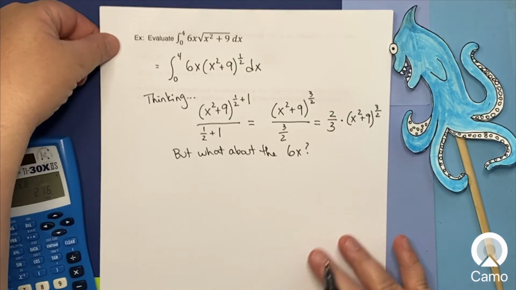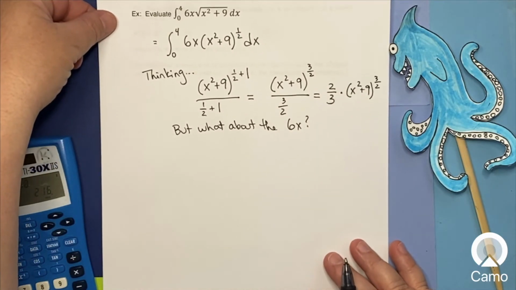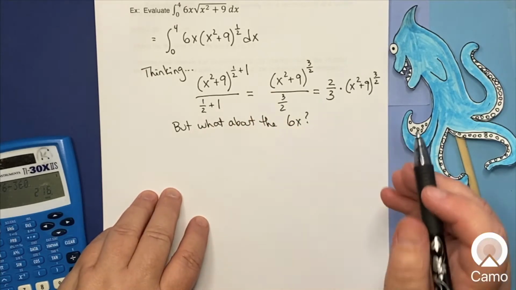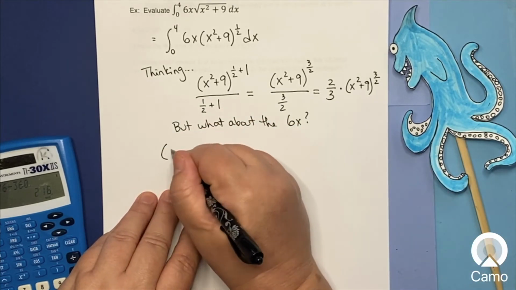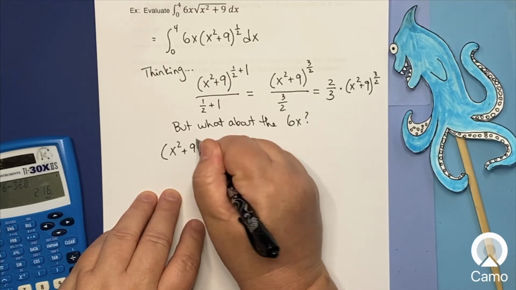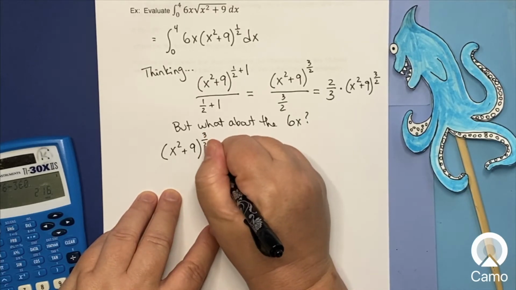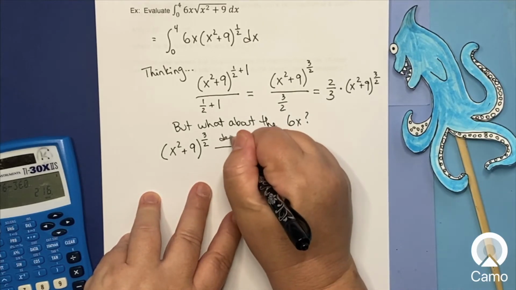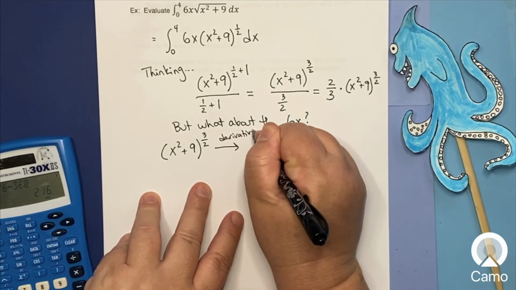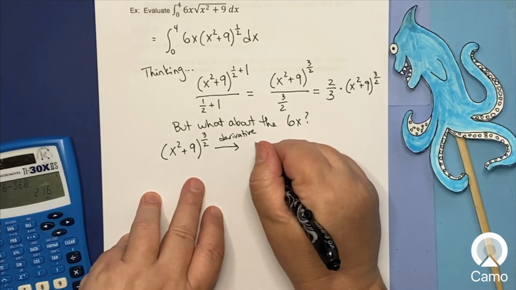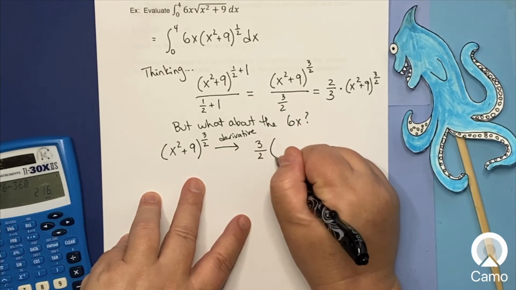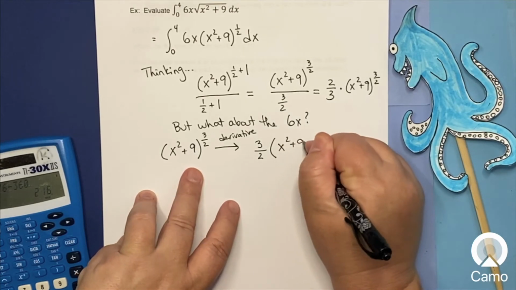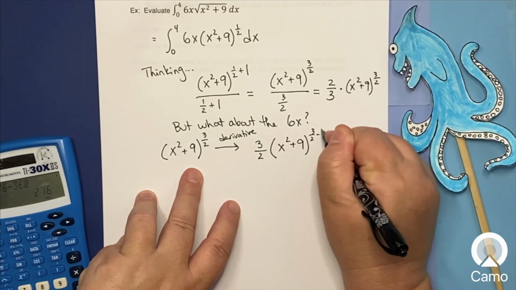So let's go ahead and, like I said, this is not an easy problem. Let's think about if I have x squared plus 9 to the 3/2 and I take the derivative. I'd get 3/2 on the outside, and then x squared plus 9 to the 3/2 minus 1.